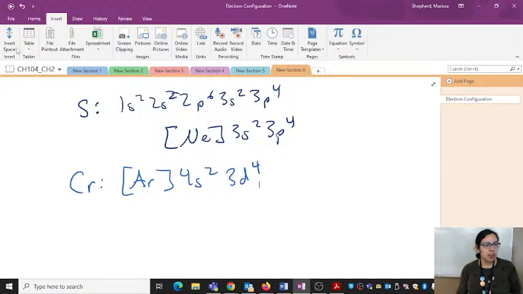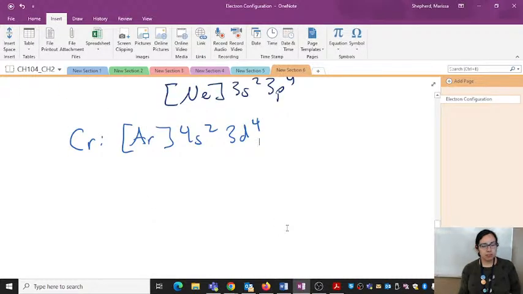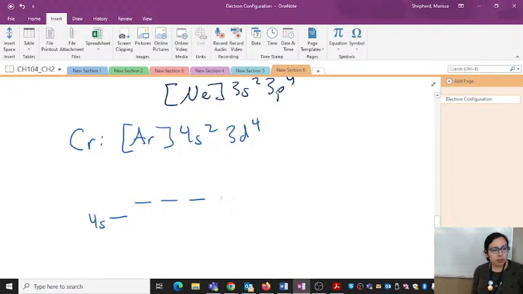So now let's draw this out. Basically, we have our 4s, which is slightly lower in energy than these 1, 2, 3, 4, 5 d orbitals.